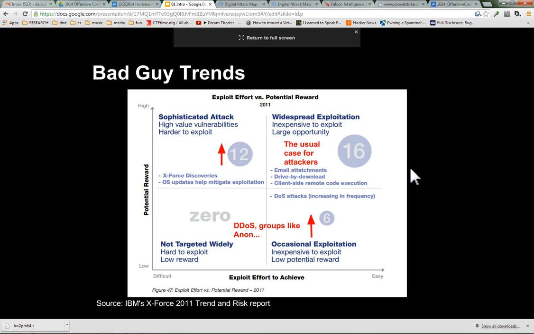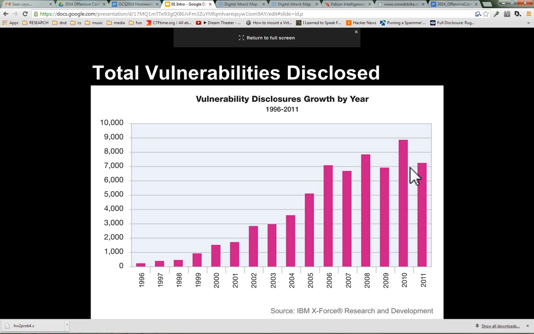But the commodity or community, occasional, casual exploitation of things is also on the rise as well. But these are things that don't have much reward. Maybe just defacing a website or doing things for the lulz or trolling people. Things that are inexpensive to exploit, like, hey, anonymous people, download LOIC or HOIC and just run it, and you'll be connected to our botnet, and you'll just be targeting what we choose.